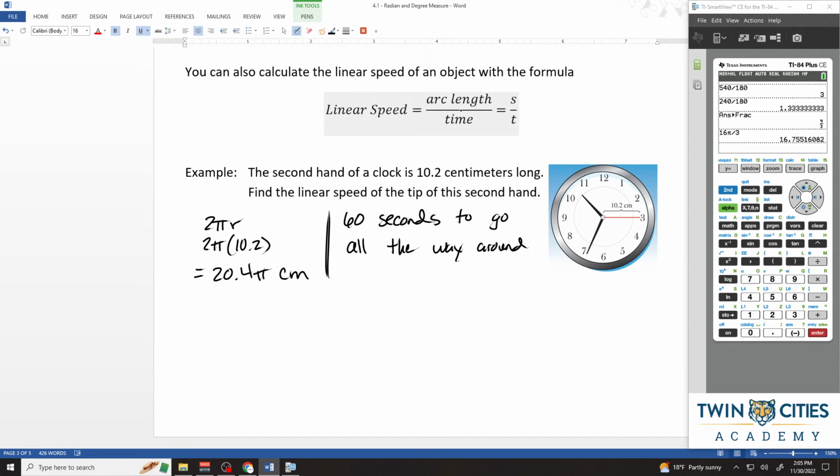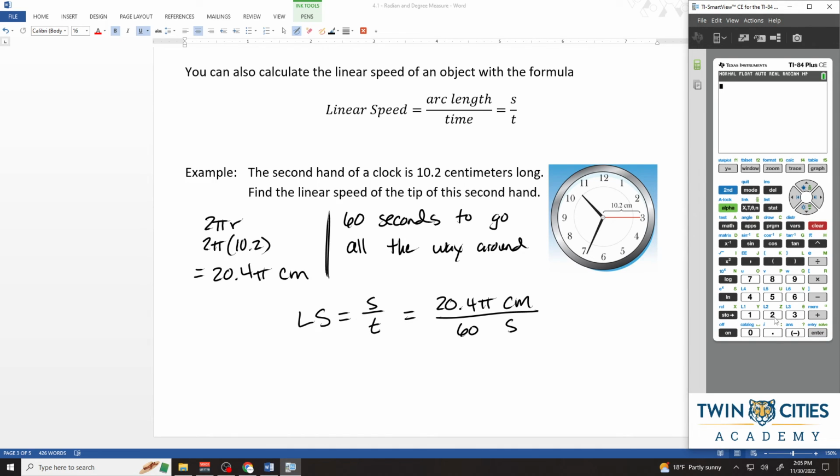Well, now I've got the arc length and I've got the time. The linear speed is equal to the arc length s over the time t. For us, that's going to be 20.4 pi centimeters over 60 seconds.